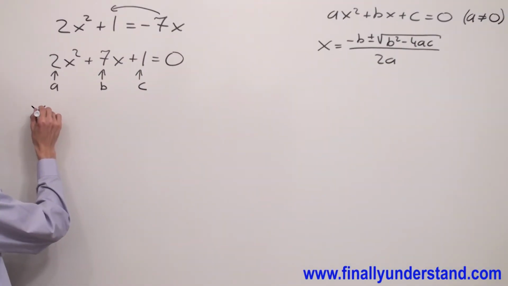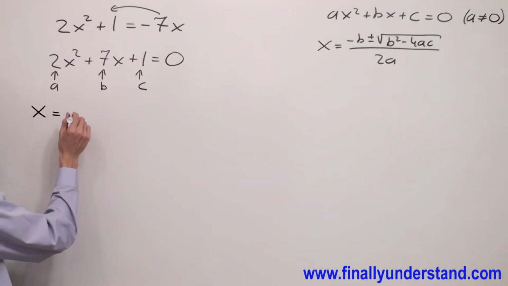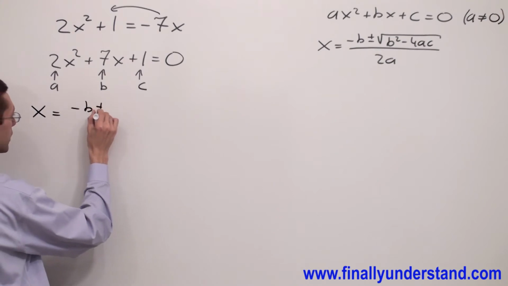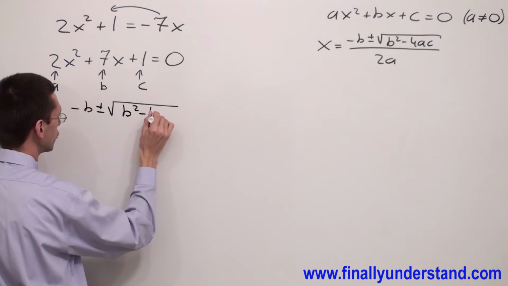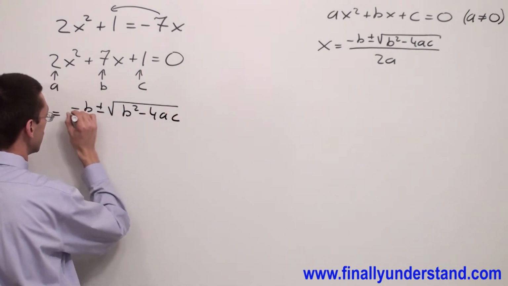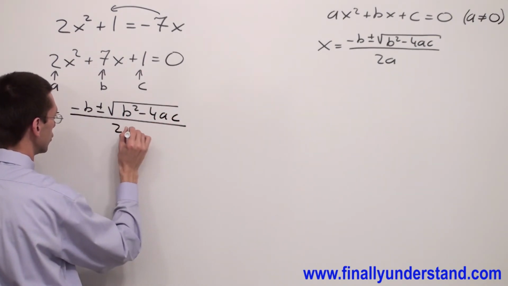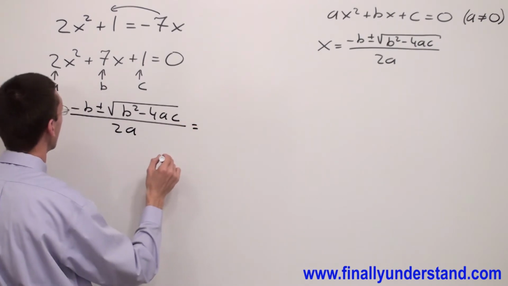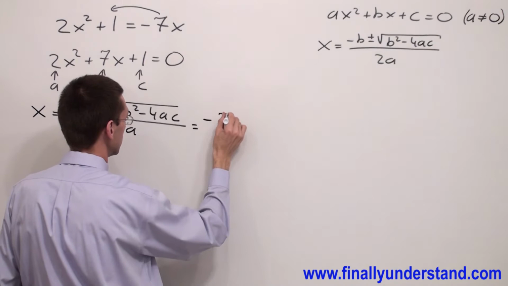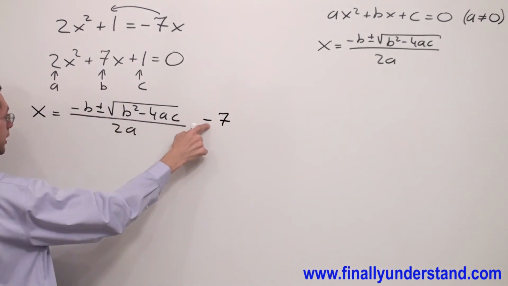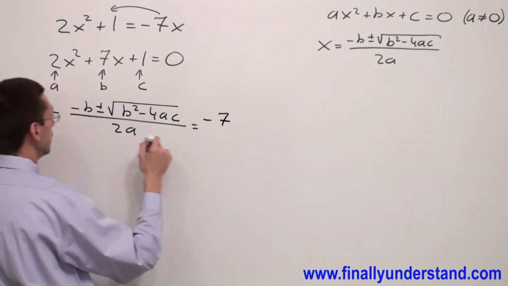Write the quadratic formula first. x equals negative b plus or minus the square root of b squared minus 4ac, over 2a. b is equal to 7. That's why I have -7. Keep in mind that this negative comes from the formula.